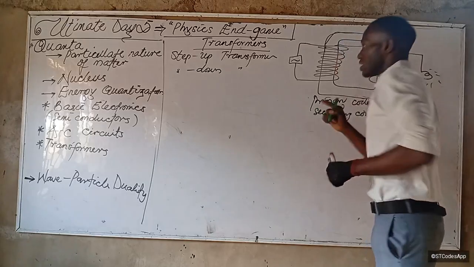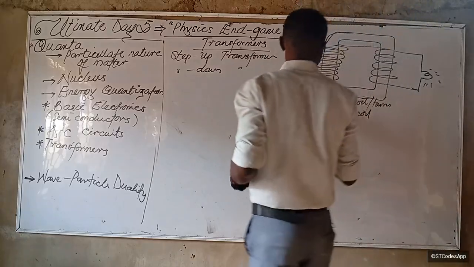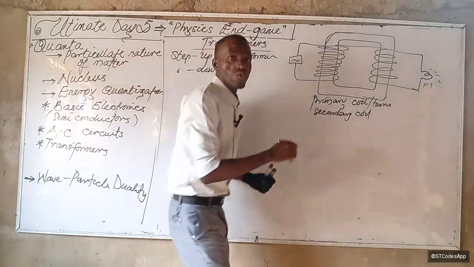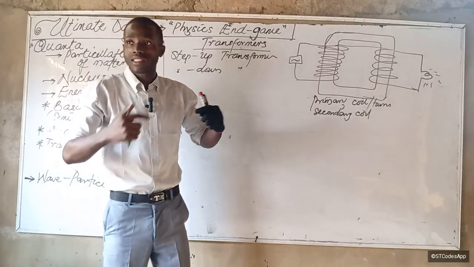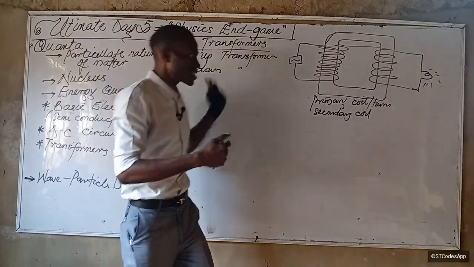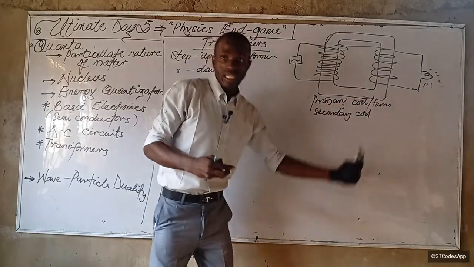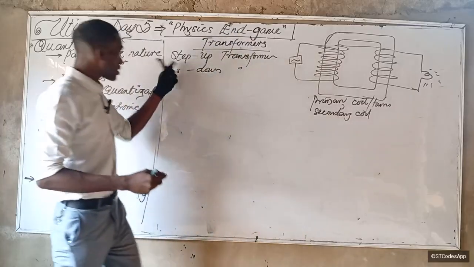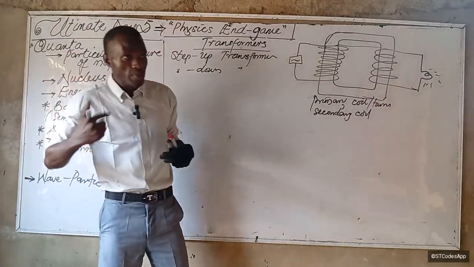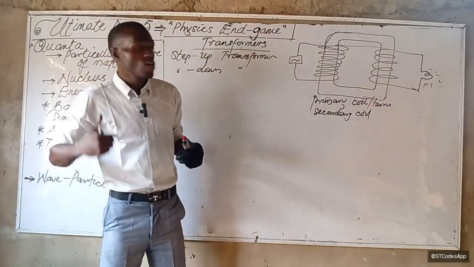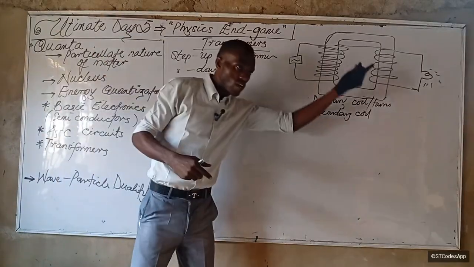Now, for a step-up transformer, the number of turns of coil in the primary will be less than the number of turns of coil in the secondary.